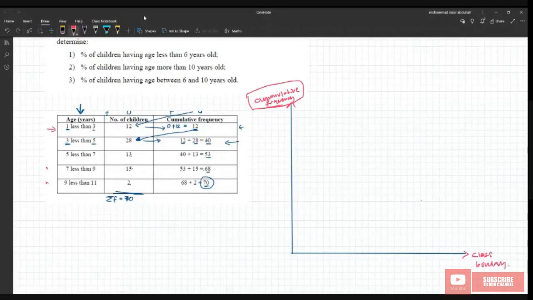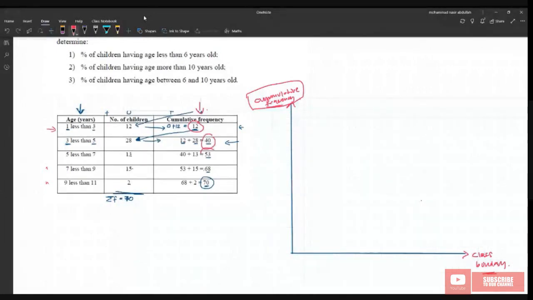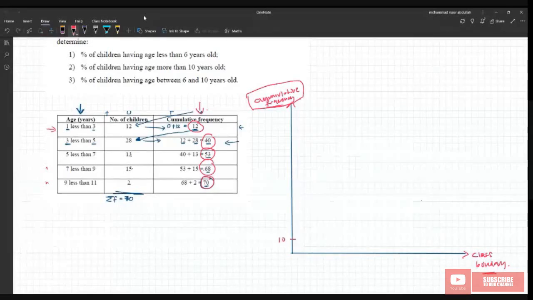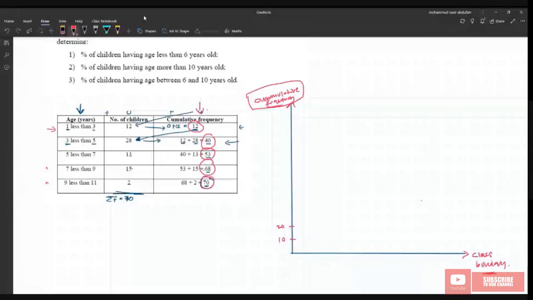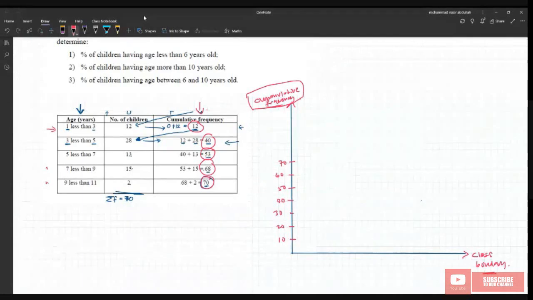The y-axis is cumulative frequency. We need to create this table, with cumulative frequency starting from 12, 40, 53, 68, and 70. Let's say we put this as 10. It doesn't fit. I will show it again later.